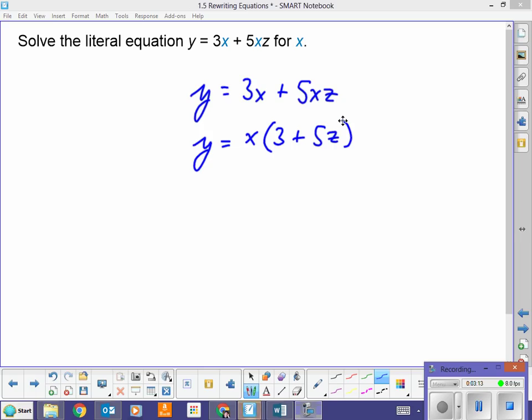Okay, so I've turned this into a multiplication statement, because now, since x is by itself out here, I can divide out the 3 plus 5z on both sides.